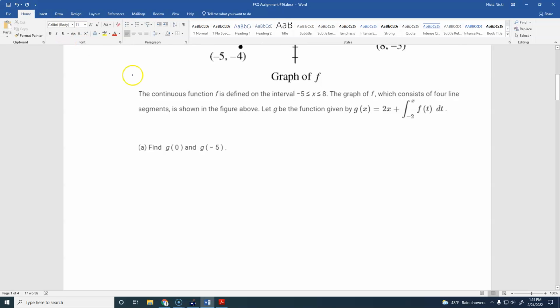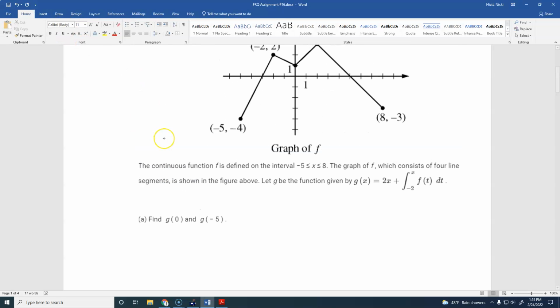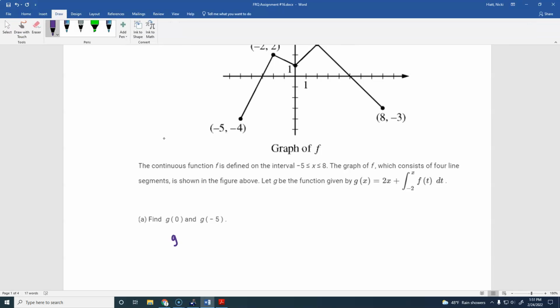All right, so if you are finding g of 0, you are plugging in 0 for the x in both of these functions. So that's going to be 2 times 0 plus the integral from -2 to 0 of f of t dt.